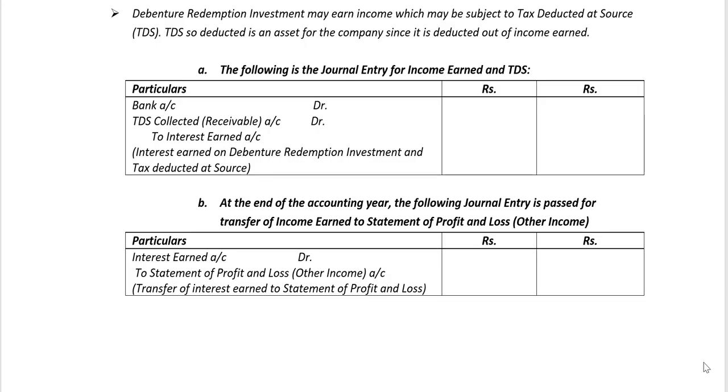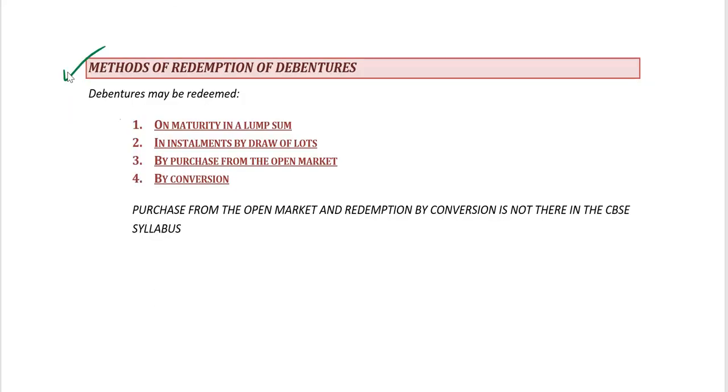So we've seen the provisions of the Companies Act 2013 with regard to debenture redemption investment also. Next, we'll move on to the methods of redemption of debentures. Debentures may be redeemed: 1.